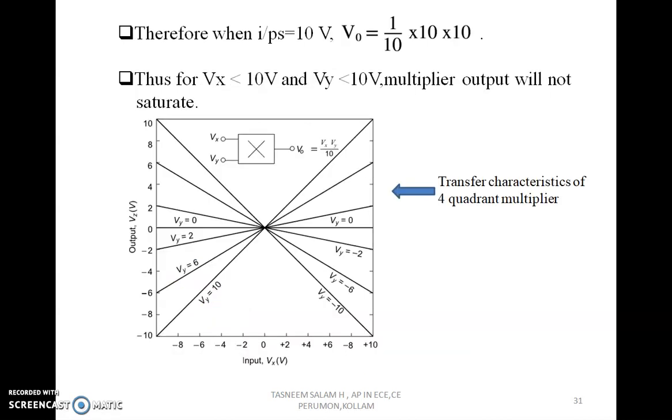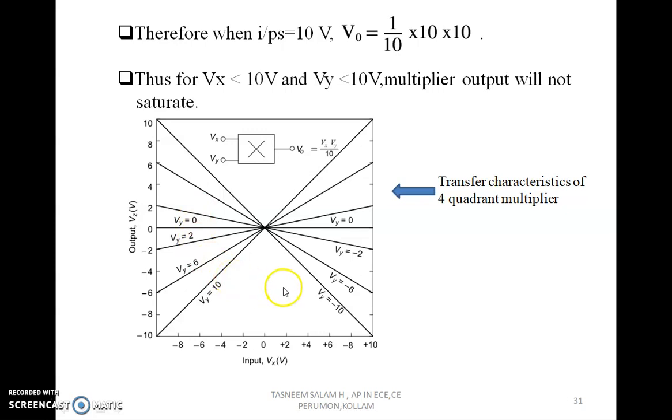Therefore, if the two inputs are 10 volt each, then the output voltage is equal to 1 by 10 into 10 into 10. And next, coming to the transfer characteristics of a four-quadrant multiplier. On the x-axis we have the input, on the y-axis we have the output for various values of Vy.